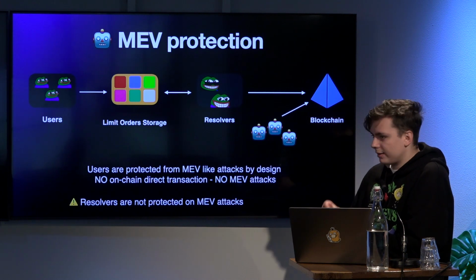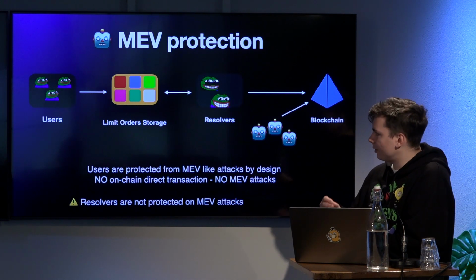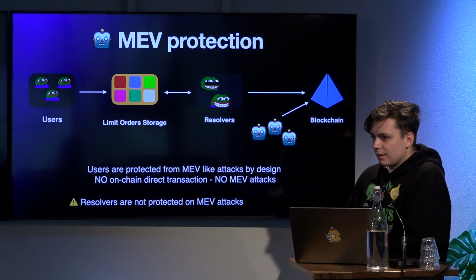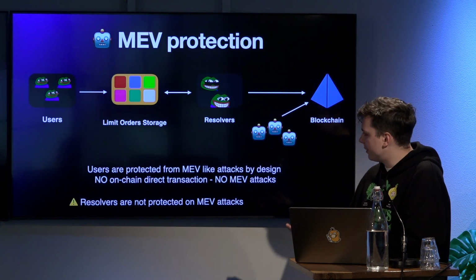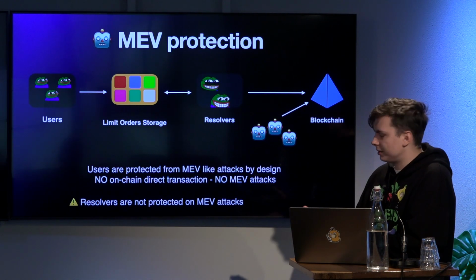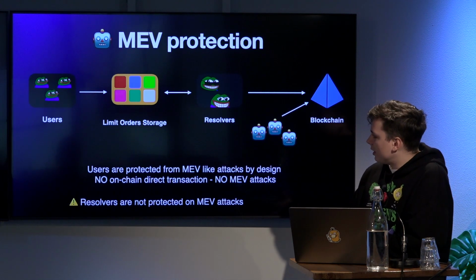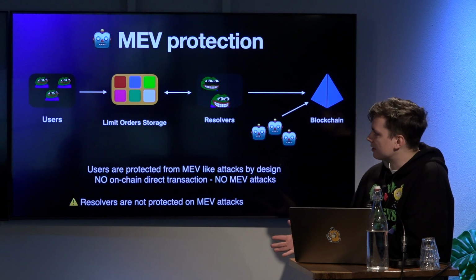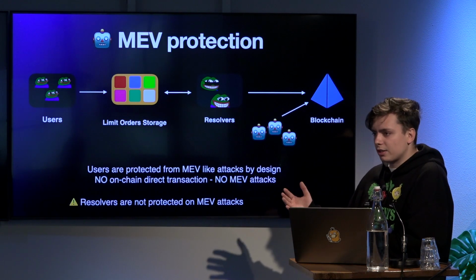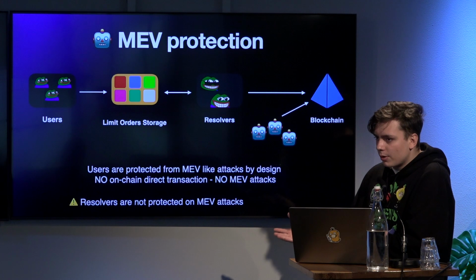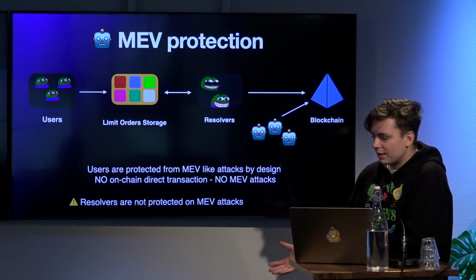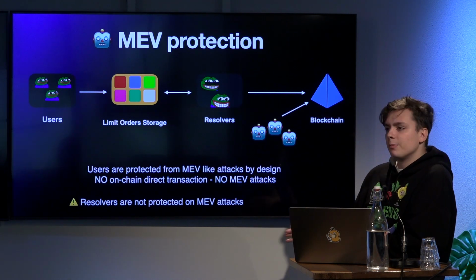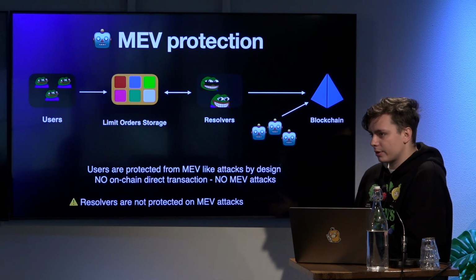At that moment, basically, there is a small issue. It's because it's happening on chain. There is a possibility that somebody can front run the resolvers. But of course, the users are completely protected in this case, because there is MEV protection on the user side, because there is no on-chain activity on their side, basically. But that doesn't mean there is complete MEV protection on all steps of the protocol.